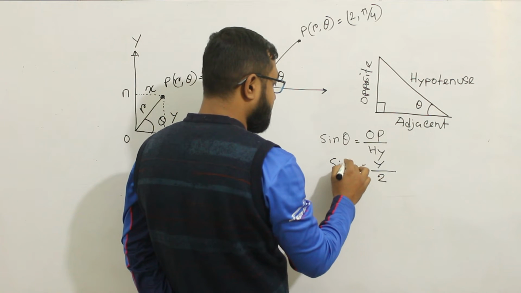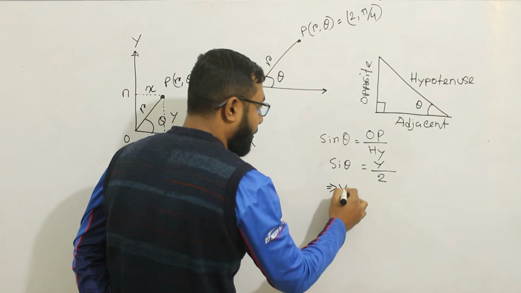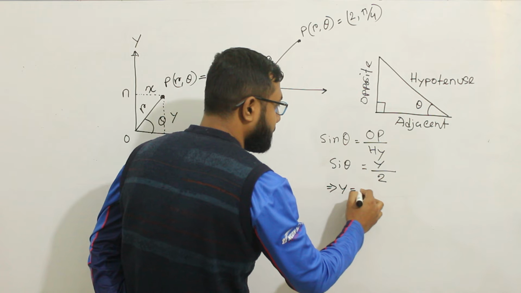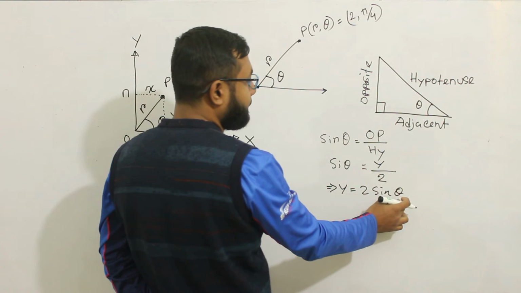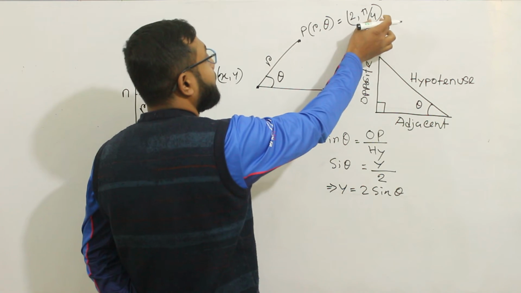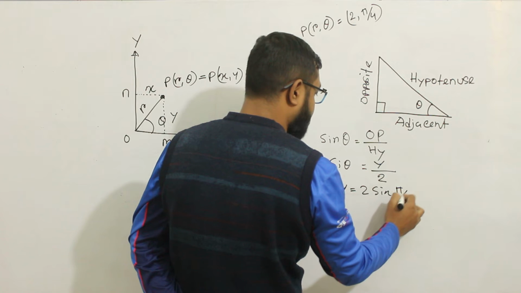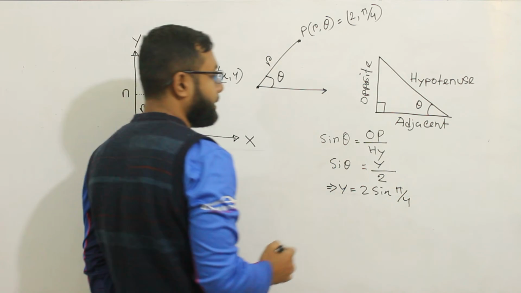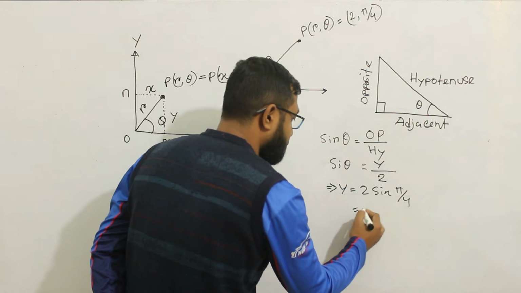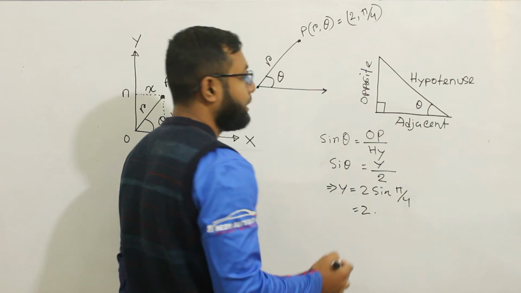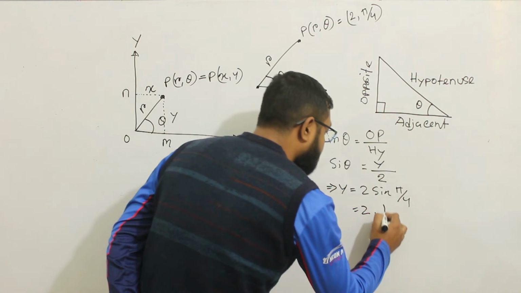So sine theta is equal to y by 2, and we can write y is equal to 2 sine theta, where the theta value is given here as pi by 4. In that case we can calculate the value of y like that. So y is 2 sine pi by 4, and sine pi by 4 is equal to 1 by root 2.